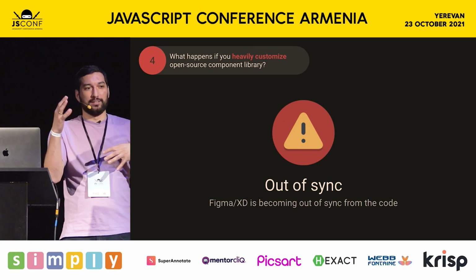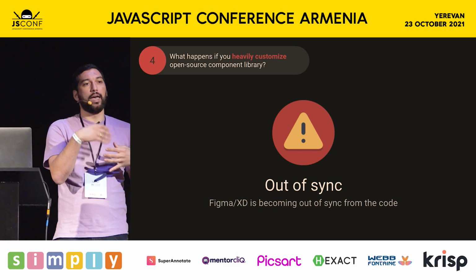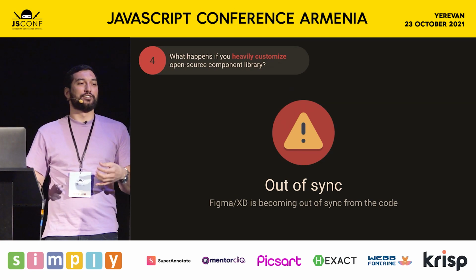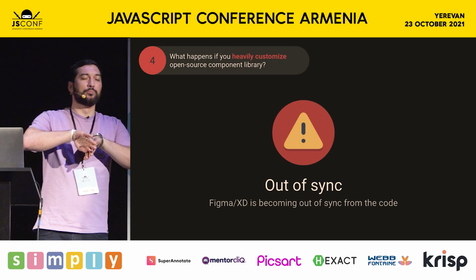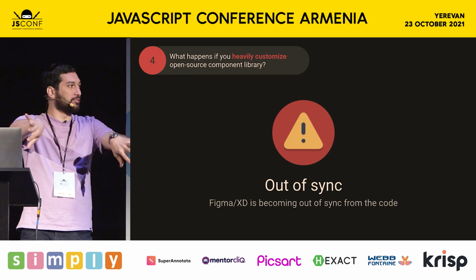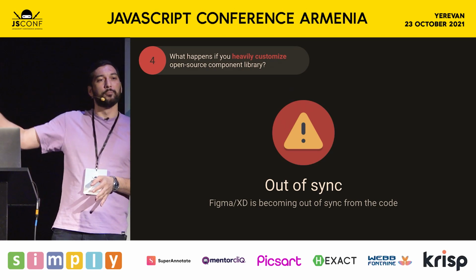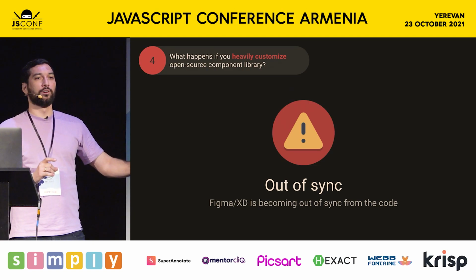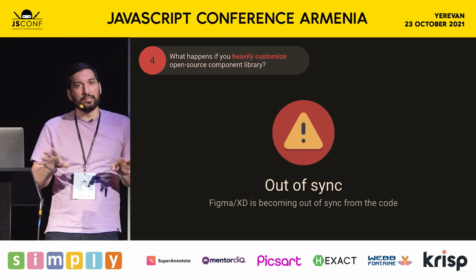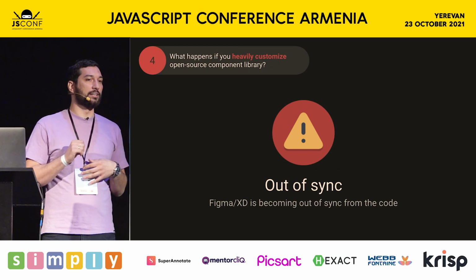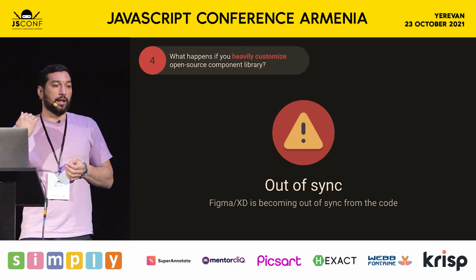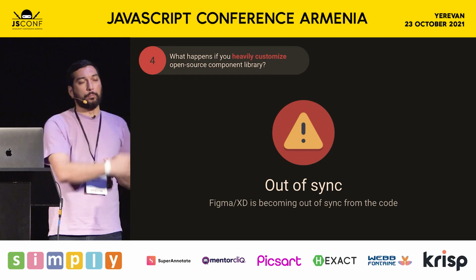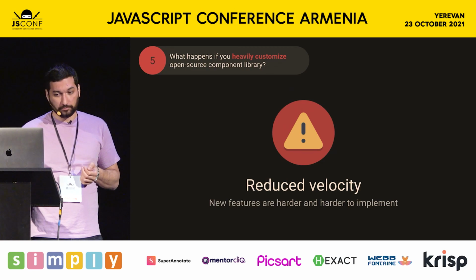But as the technical debt piles up, developers and designers just stop caring, and you realize that it's two completely divergent universes. Like, there's a button in Figma, and there's a button in Storybook, and they're 80% the same, but there are lots of significant differences, and that as time goes on becomes obviously worse and worse.